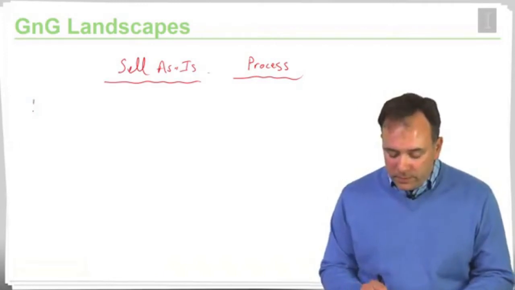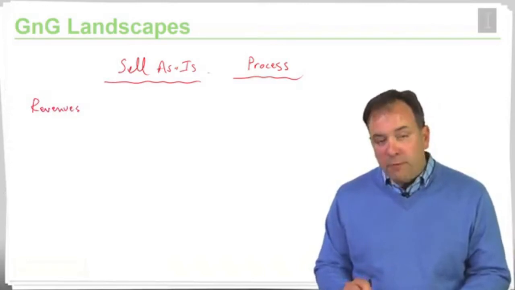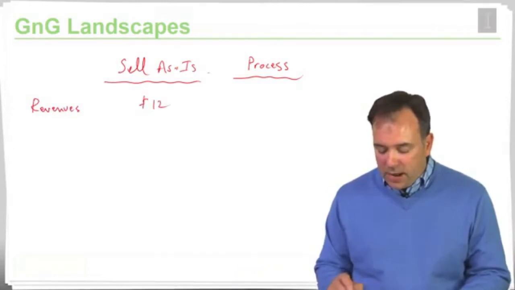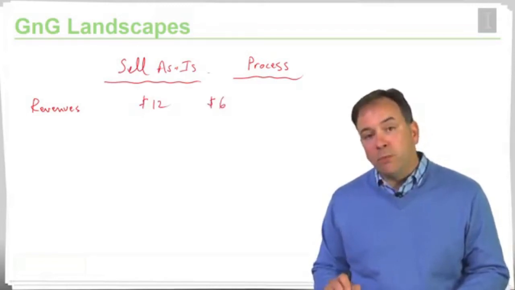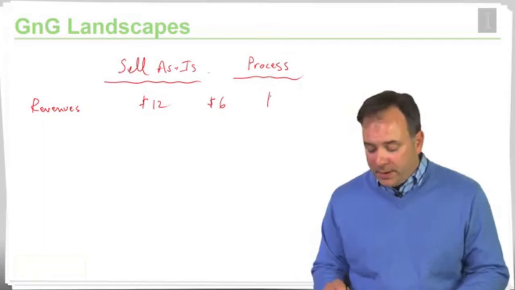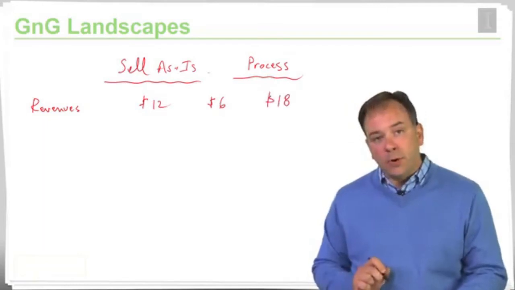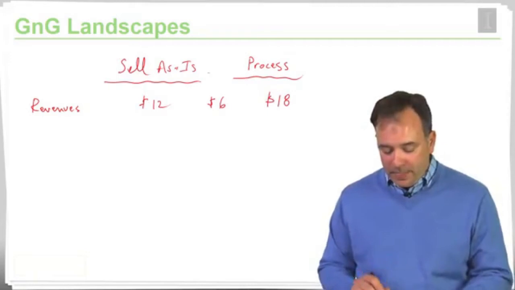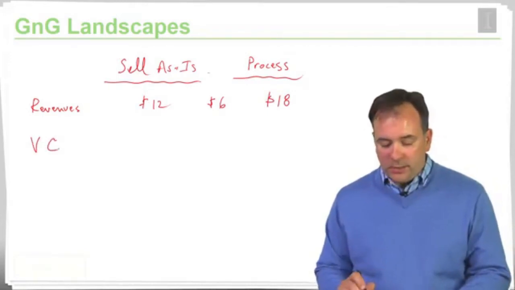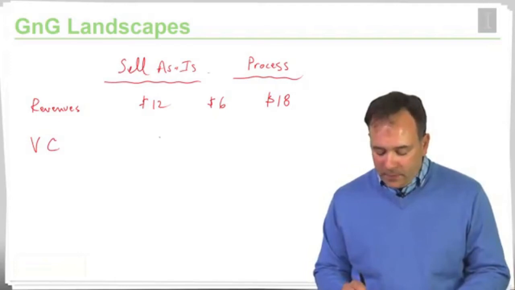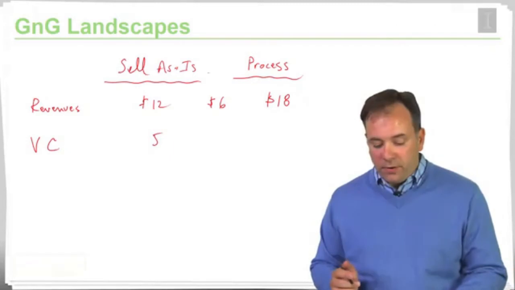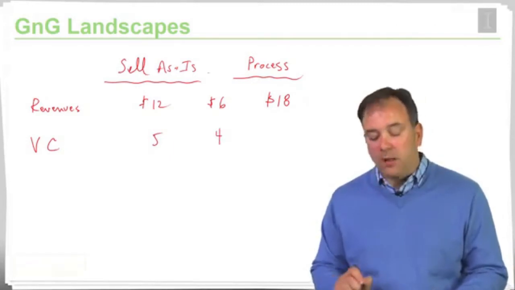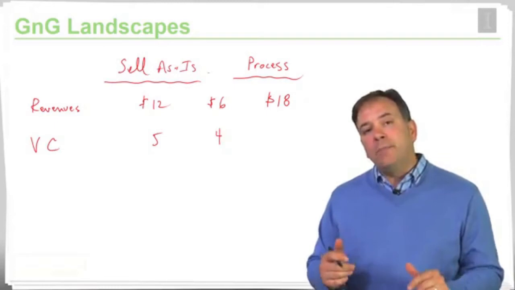Our revenues under each of those options, if we were to sell as is, $12, and if we were to process further, we actually earn $6 more in sales revenue per dozen, yielding $18 on a per dozen or per unit basis. Our variable costs originally are $5 per dozen. If we process the roses further, we incur an additional $4 of variable costs for watering and maintenance.